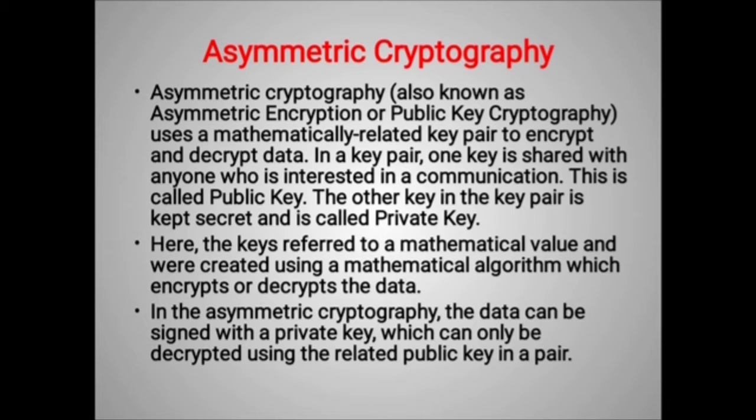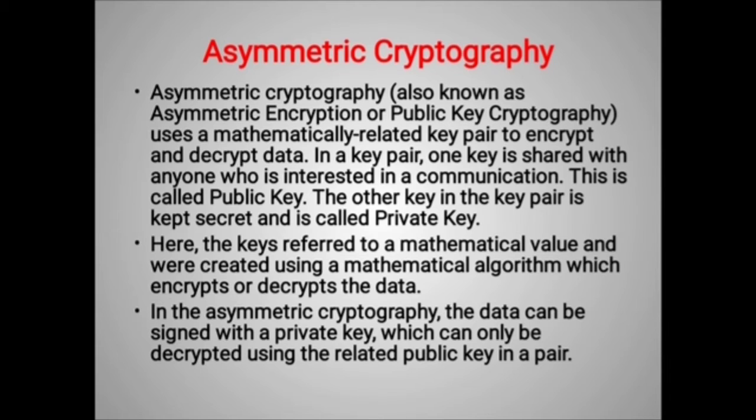Before moving further, we must understand what cryptography or encryption is. The meaning of encryption is to change readable text into an unreadable form. That means no one can make out from it what is written. This is known as encryption.